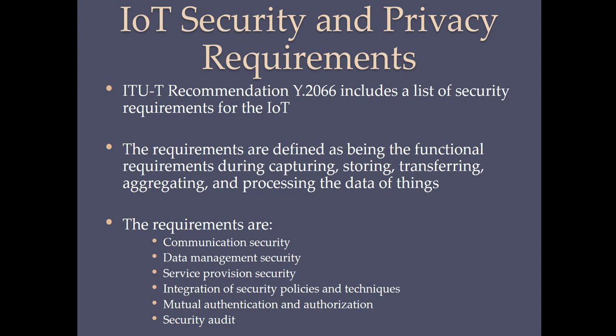The requirements here are communication security, because there are a lot of communications happening, as we saw, going from the edge until the cloud; data management security, service provision security, integration of security policies and techniques, mutual authentication and authorization, and finally, security audit.